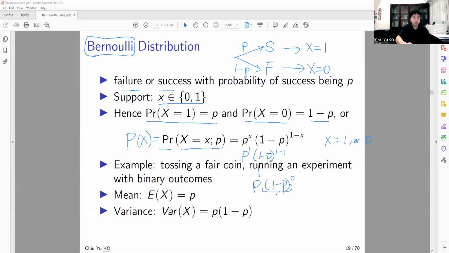Anything raised to the power 0 is 1, so that's why it's p. Same for when x equals 0: p to the 0 times 1 minus p to the power 1 minus 0, that gives you 1 minus p.